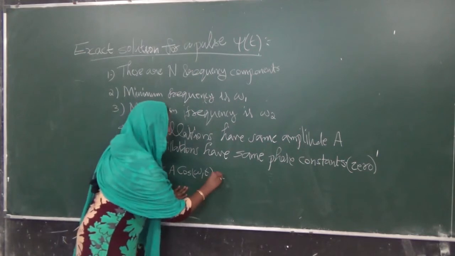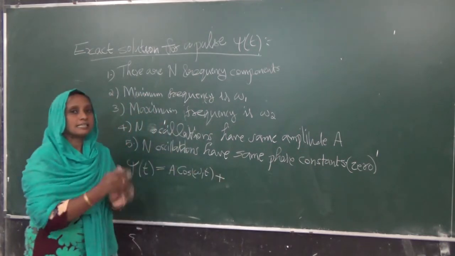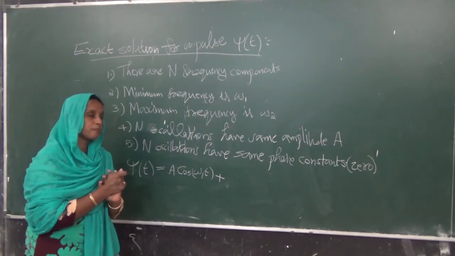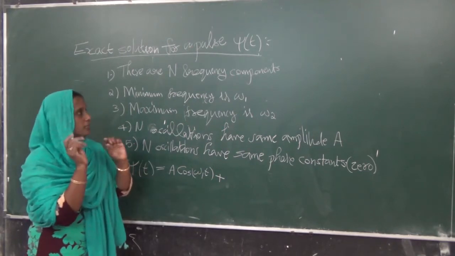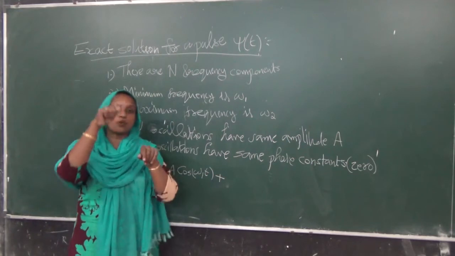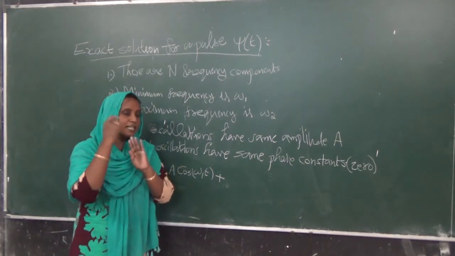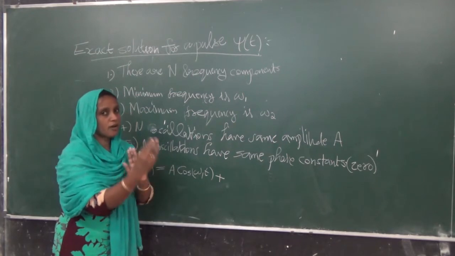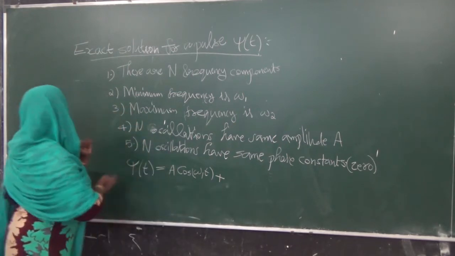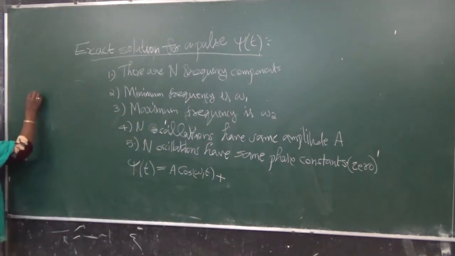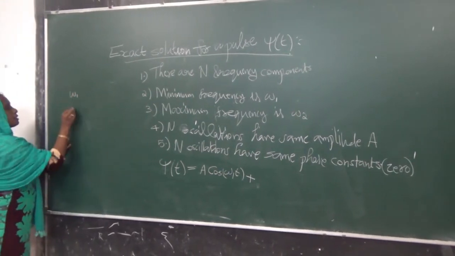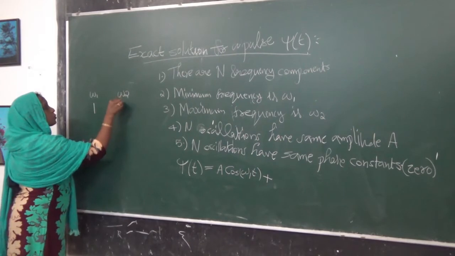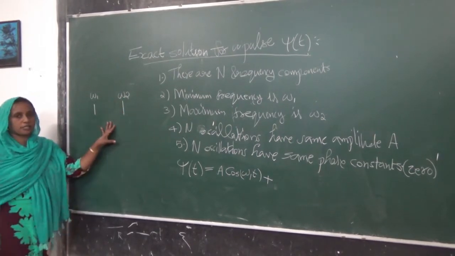Plus, now comes the second component. What is the frequency of the second component? We already assumed that these n frequencies of oscillation are distributed uniformly in between omega 1 and omega 2. Omega 1 is the minimum frequency and omega 2 is the maximum frequency.